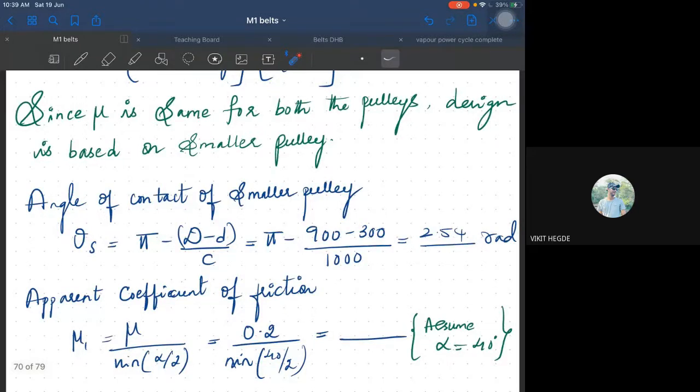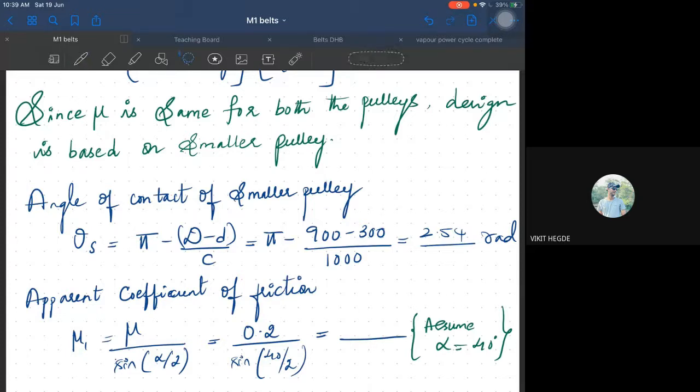Yes, there is one new concept to be learned here. This is sine of alpha. Is the value of alpha specified in the problem? Alpha is specified in the problem. So take this as a note.